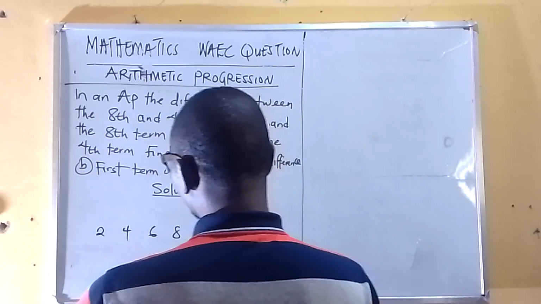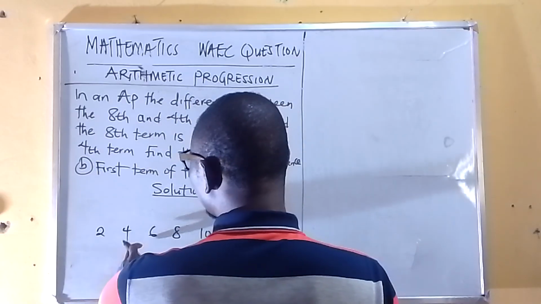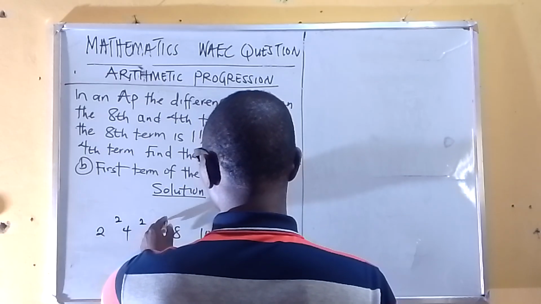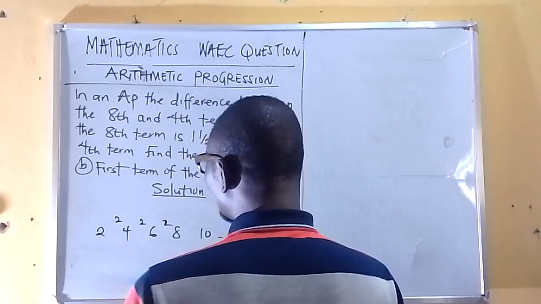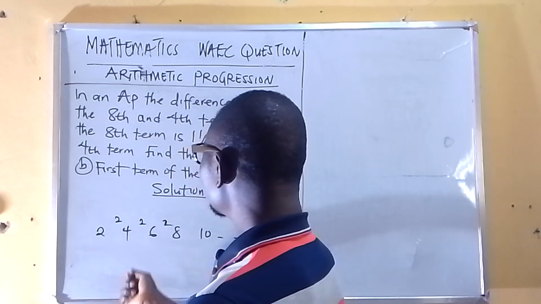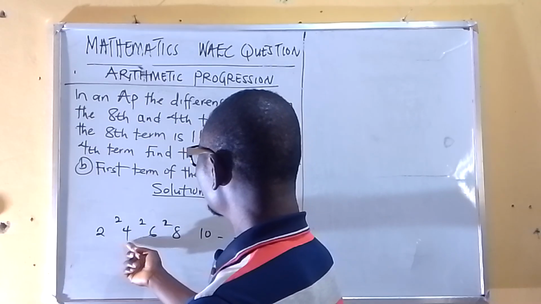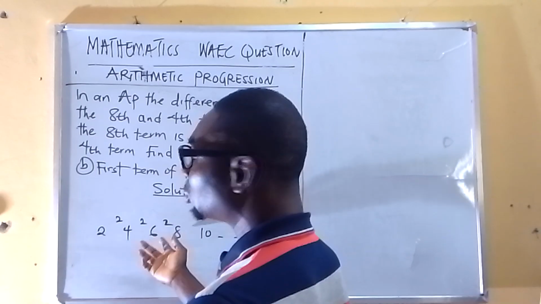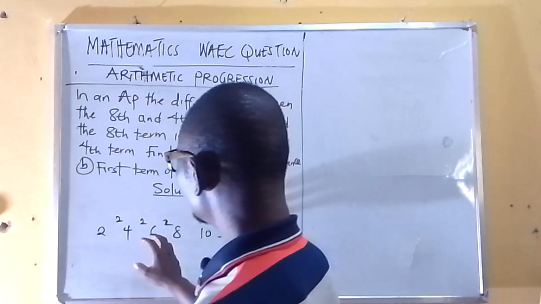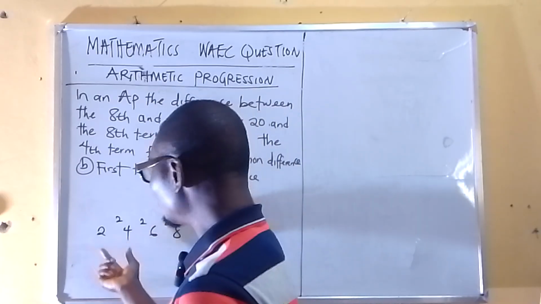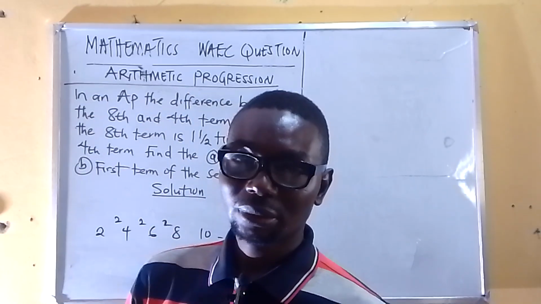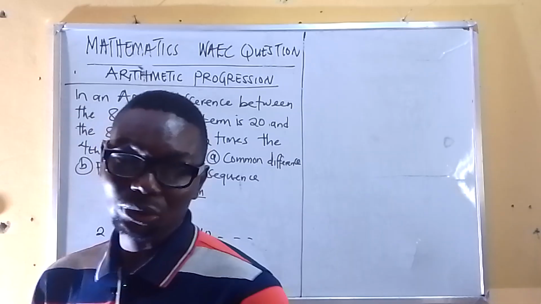So if you look at this sequence, you will see that the common difference is 2. Because if you subtract the first term from the second term, you are going to get 2. If you subtract the second term from the third term, you are going to get 2 all through. So the common difference is just the difference between the first term and the second term, or the second term and the third term, and so on.